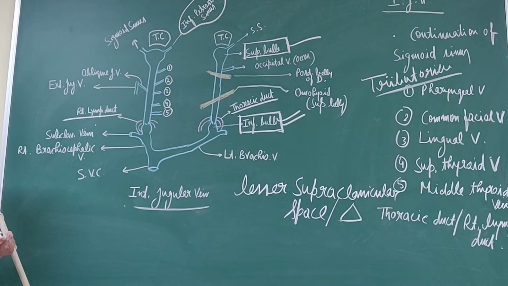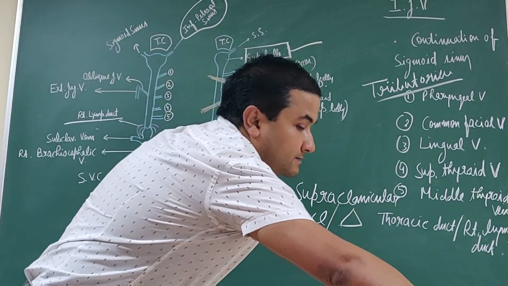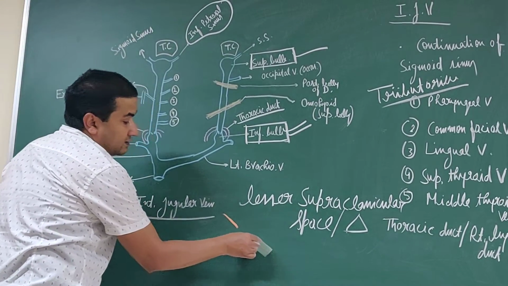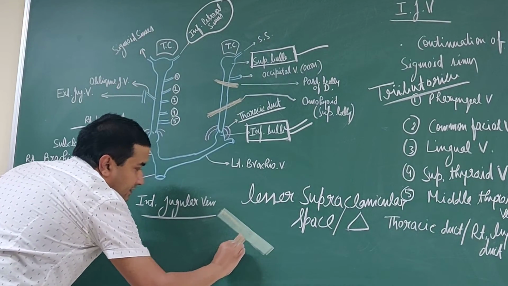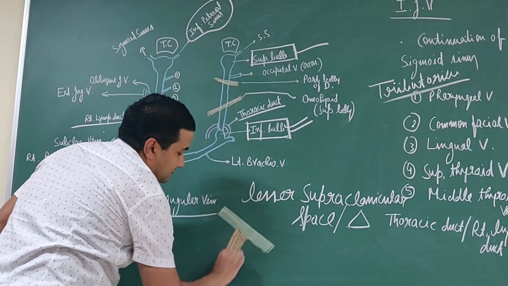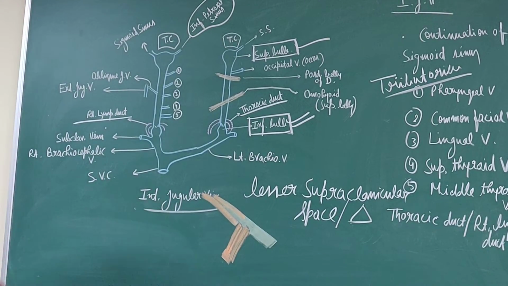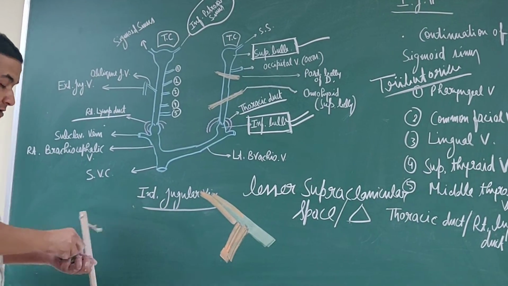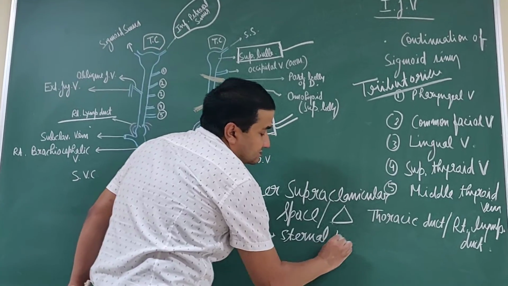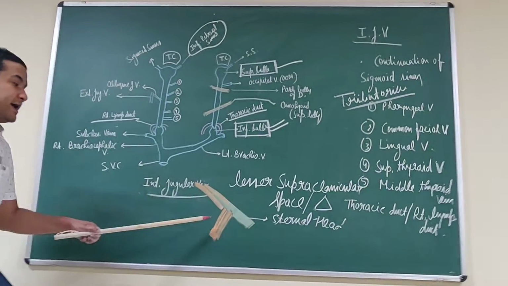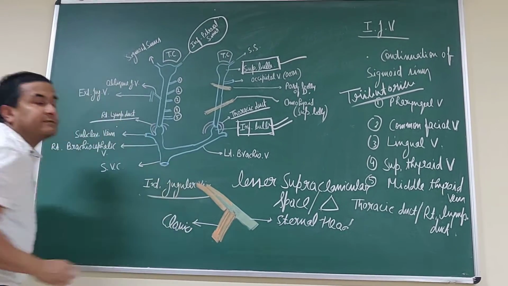This triangle is formed by the tendinous origin of the sternocleidomastoid, which has two heads. This is the sternal head, which takes origin from the sternum, and this is the clavicular head, which takes origin from the clavicle.